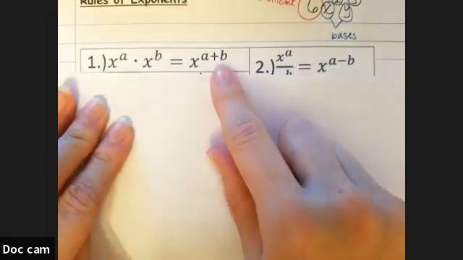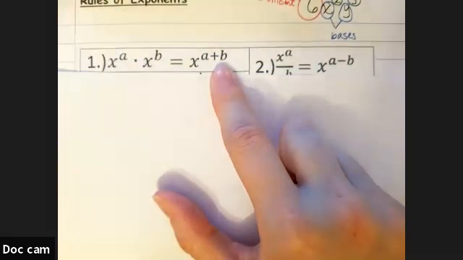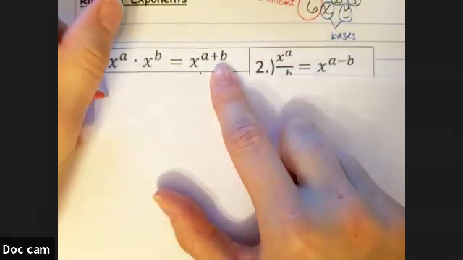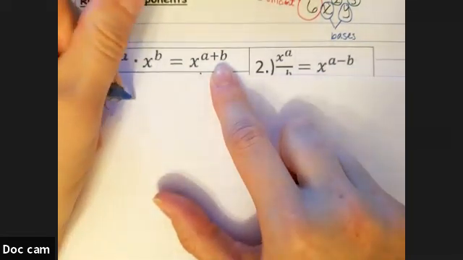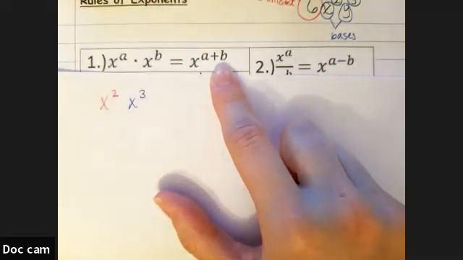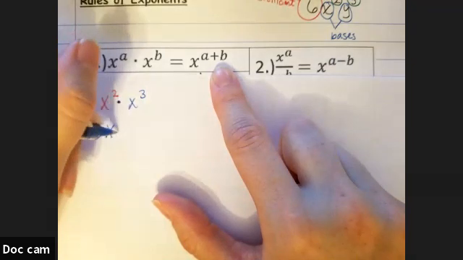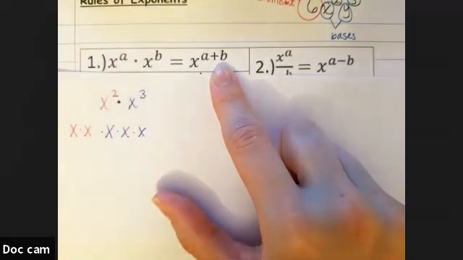All right, so I'll start with this first rule. Let's say that I have x squared multiplied by x to the third power. Well, I know that x squared is the same thing as x times x. And I know that x to the third power, which is also sometimes called x cubed, is the same thing as x times x times x.